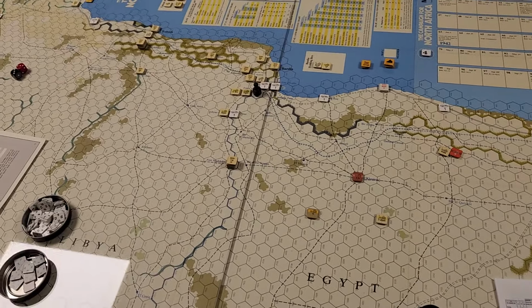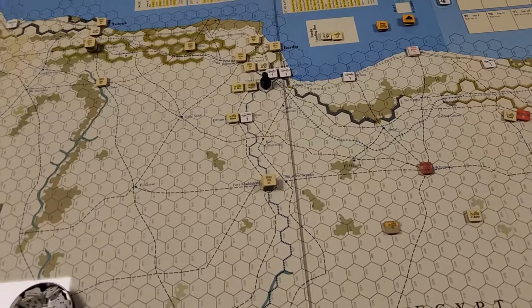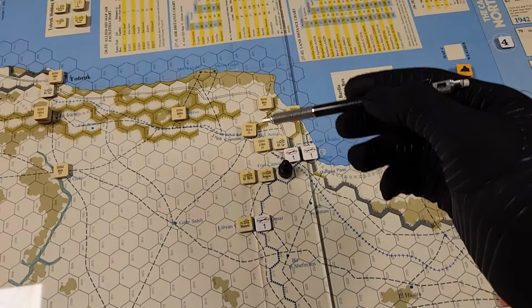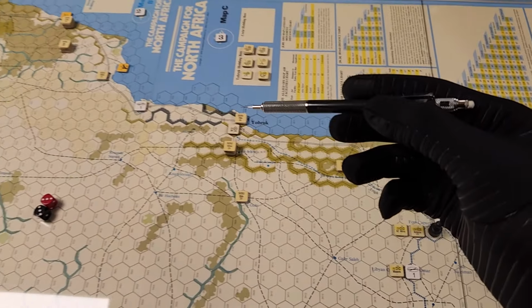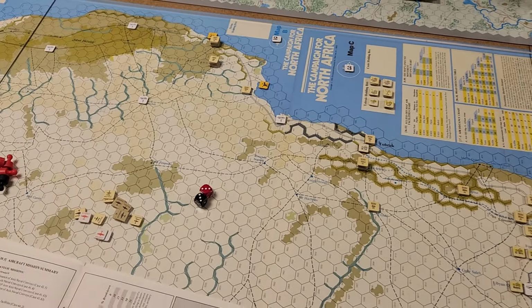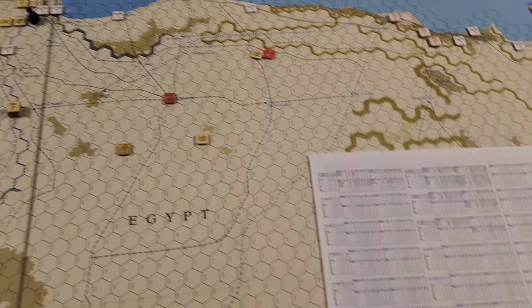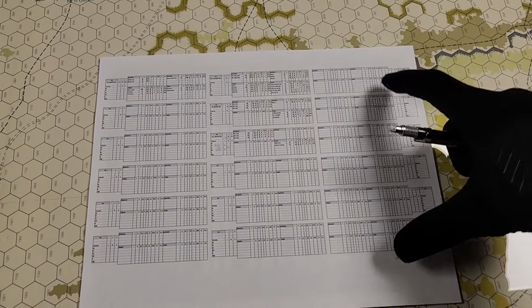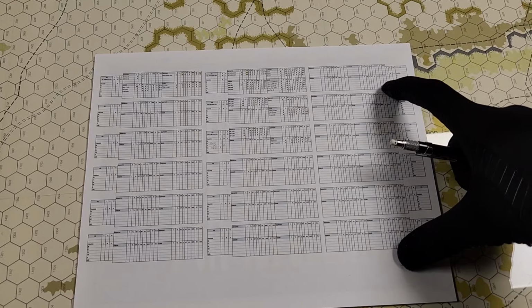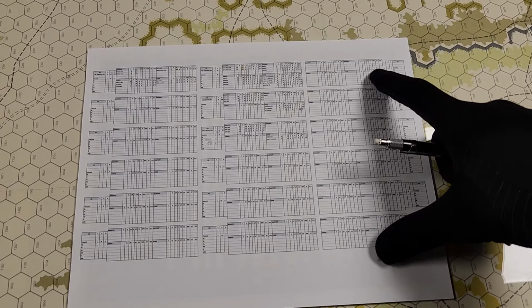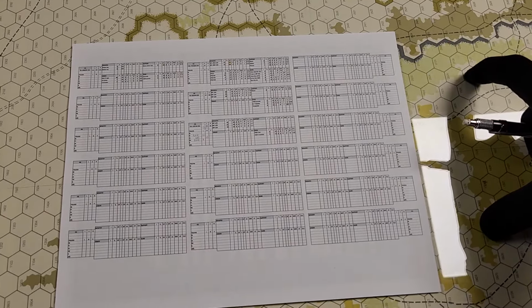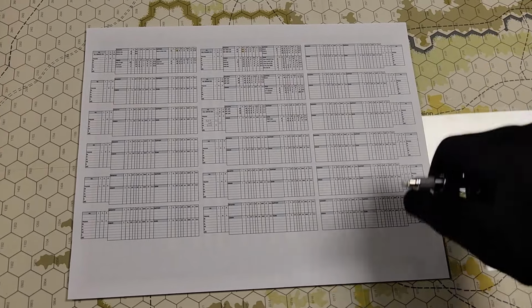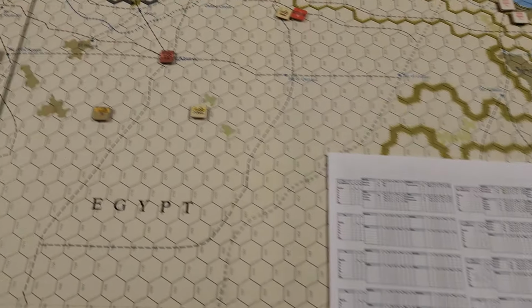And with the Italian scenario, there's only, let's see, 1, 2, 3, 4, 5, 6, 7, 8. I think this is about 10 units. This sheet here holds 18. So I can have the Italians on one sheet, and I can have the Commonwealth on another sheet. So if I can do everything on 2 sheets, beautiful. So let's get started.